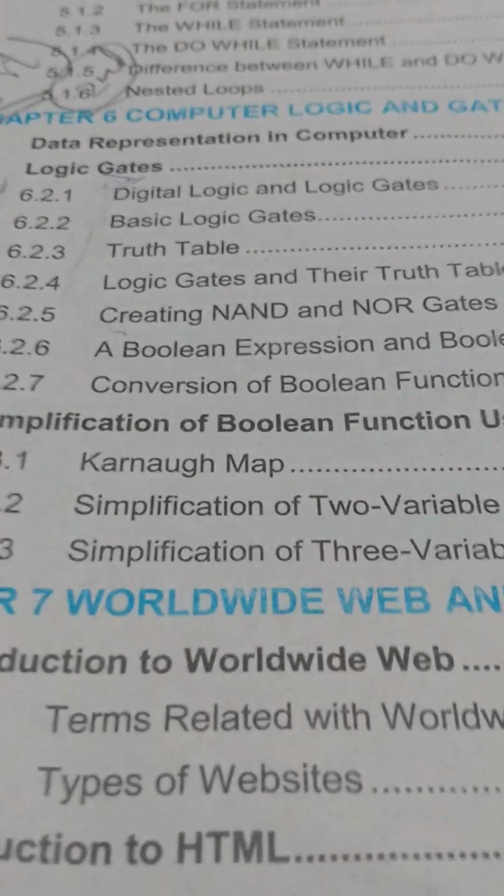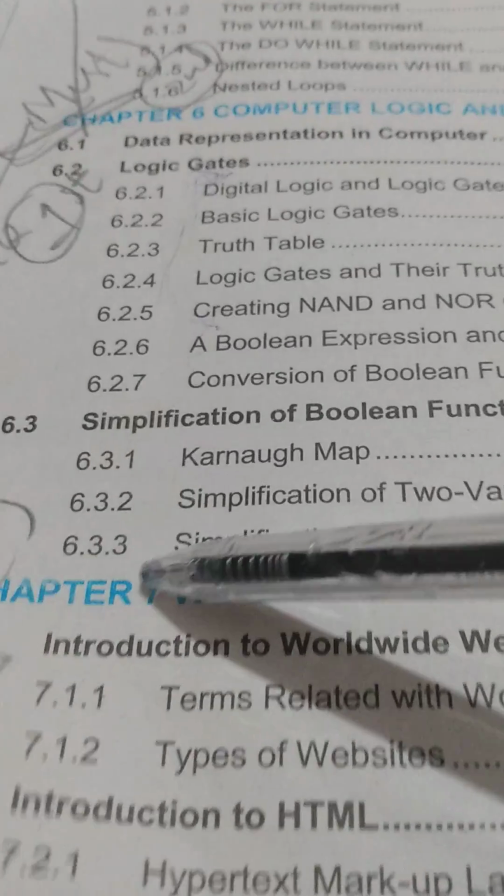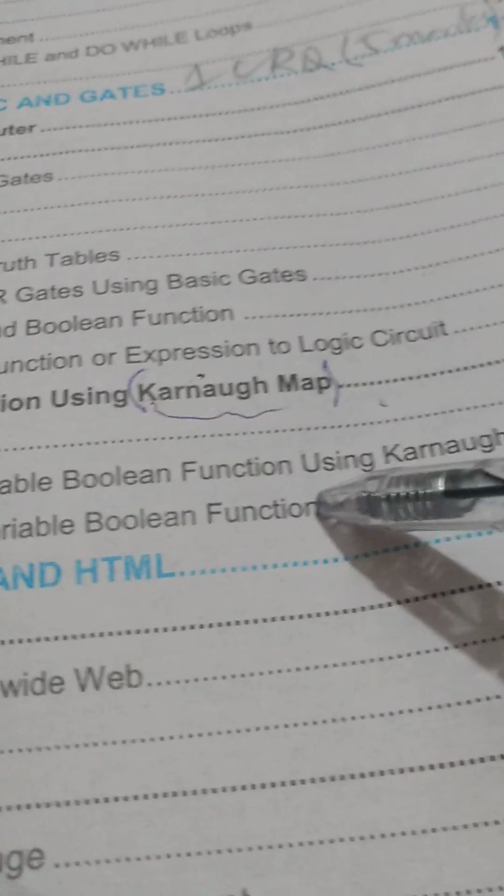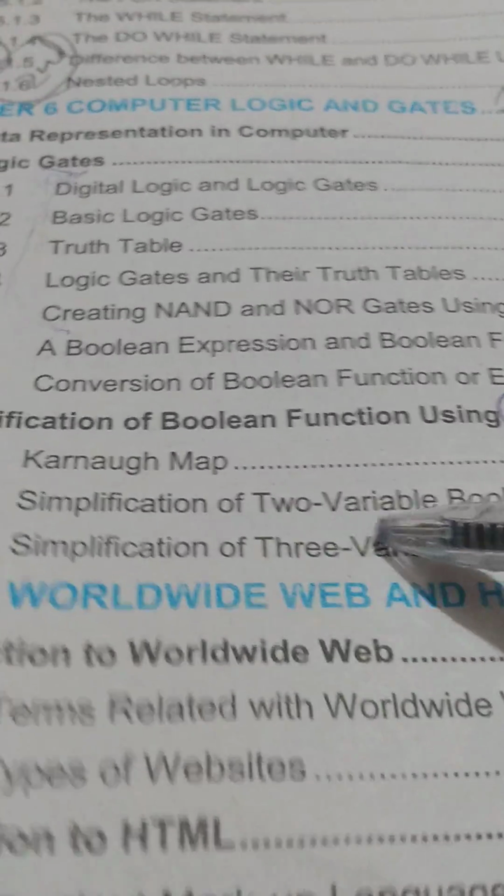Now coming to the Karnaugh map SLOs, 6.3.1 Karnaugh map, the introduction and all the basics of Karnaugh map. Then 6.3.2 is simplification of two variable Boolean functions using Karnaugh map. In this we would be simplifying the two variable Boolean function using Karnaugh map.